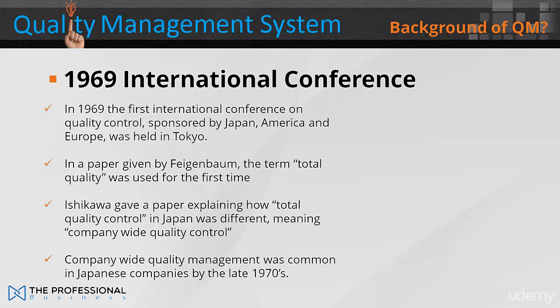Ishikawa gave a paper explaining how total quality control in Japan was different in meaning and referred to company-wide quality control, and described how all employees, from top management to the workers, must study and participate in quality control. Company-wide quality management was common in Japanese companies by the late 1970s.